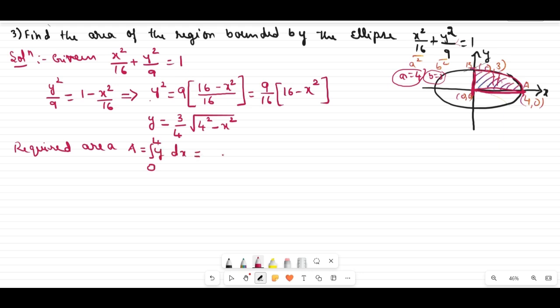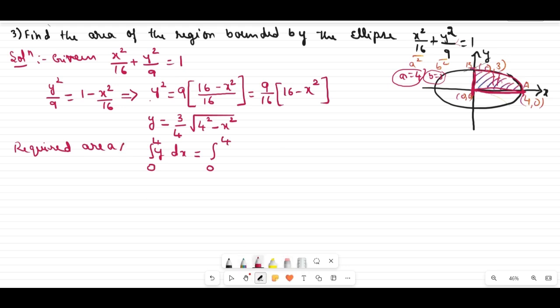So let me apply the value of y. Integral 0 to 4 of y. Observe, I am finding the area of the first quadrant. If you multiply by 4 you will get the required area, so be careful, don't forget to write the 4 times.